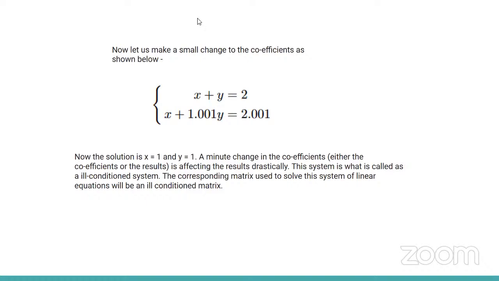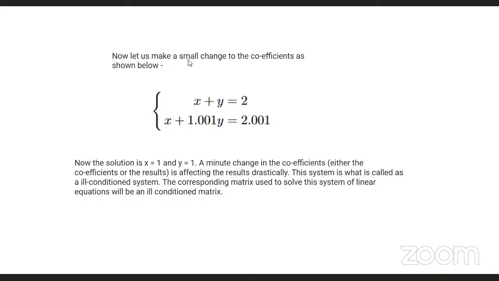We now added just 0.001 to the output of the second equation, so it's not 2, it's 2.001. Now when you solve this equation, the value of x is now 1 and the value of y is 1, from x equals 2 and y equals 0.